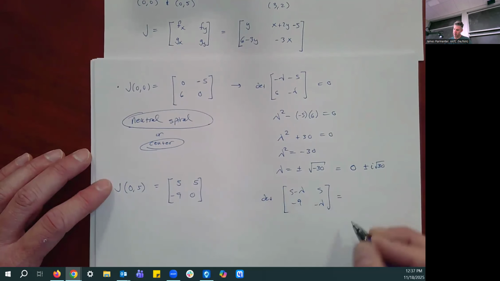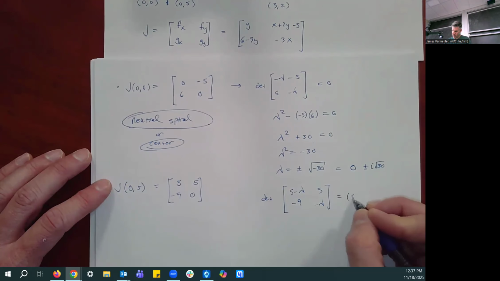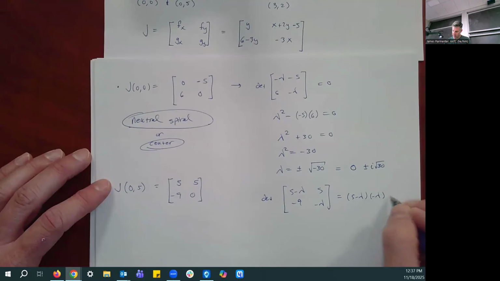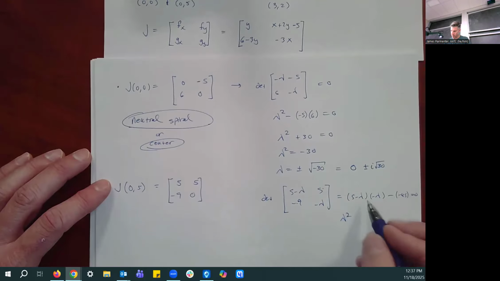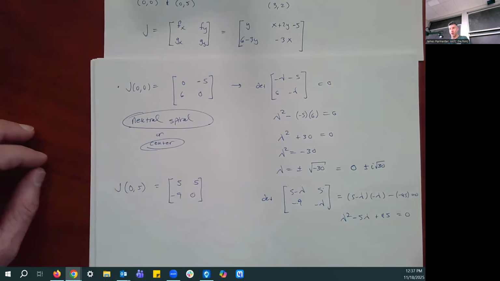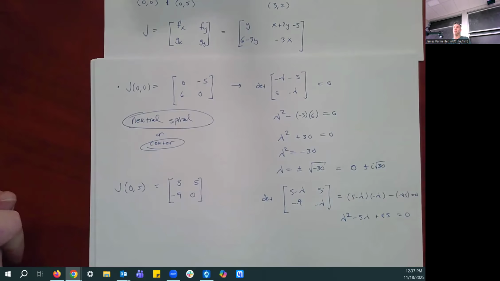And we're going to get 5 minus lambda times negative lambda, minus 5 times negative 9 is minus negative 45. So I've got lambda squared minus 5 lambda plus 45 equal to 0. This probably isn't going to factor. I don't know numbers that multiply to 45 and add to negative 5.